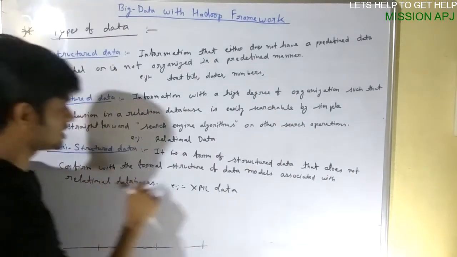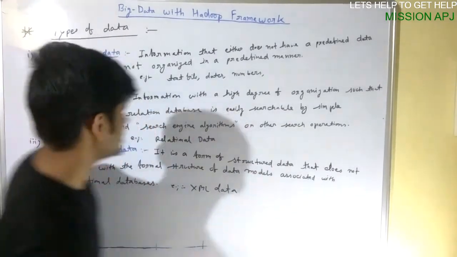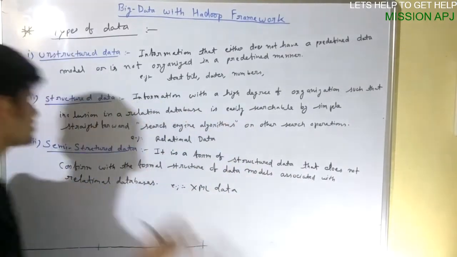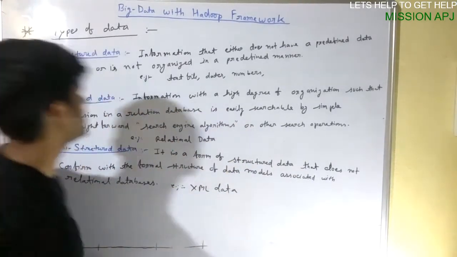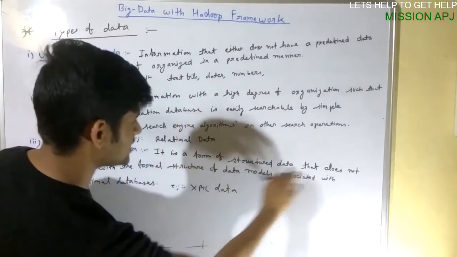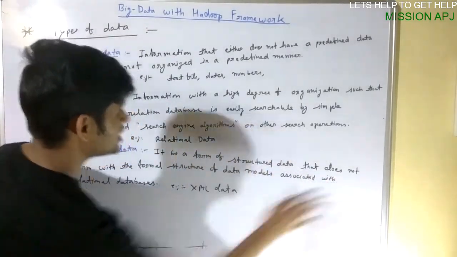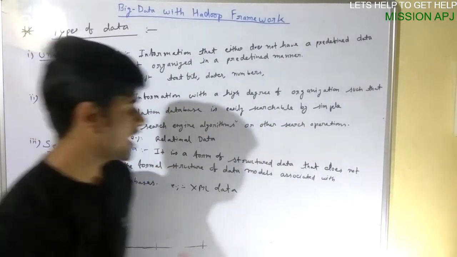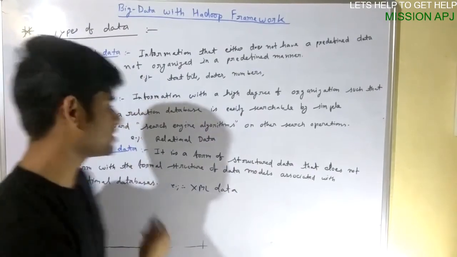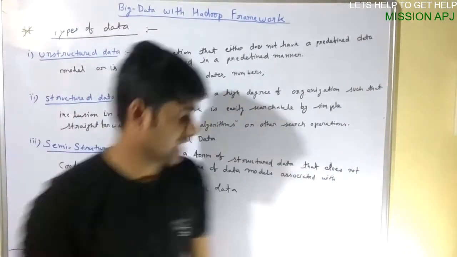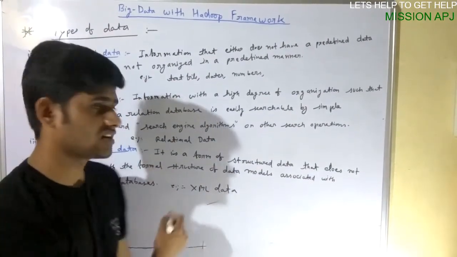Now, semi-structured data is a form of structured data that does not conform with the formal structure of data models associated with relational databases. In a relational database, we have some tags, but in an XML file we don't find things like that.